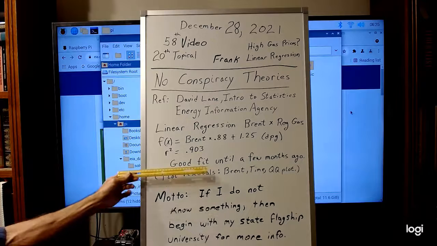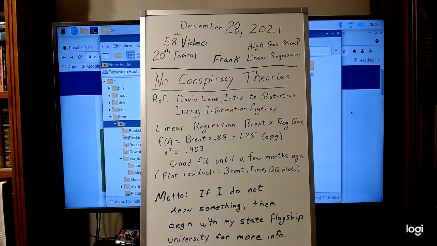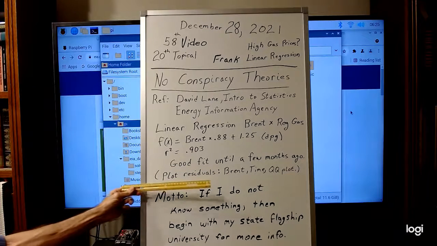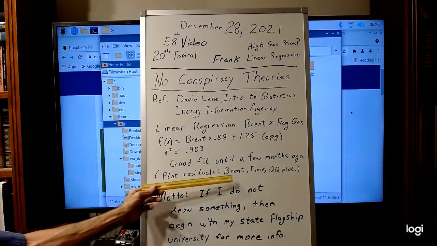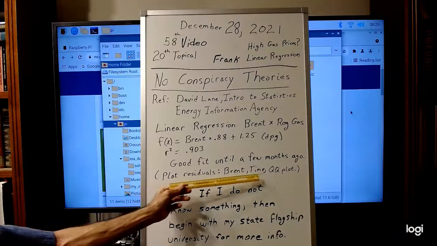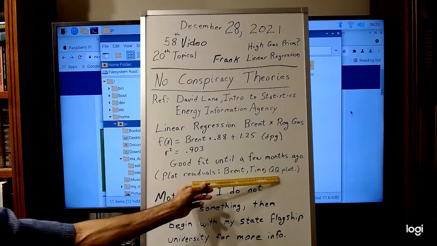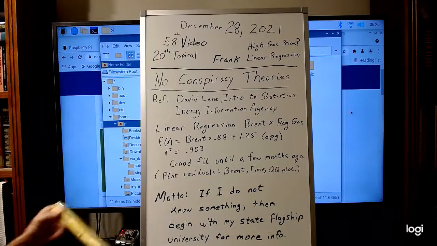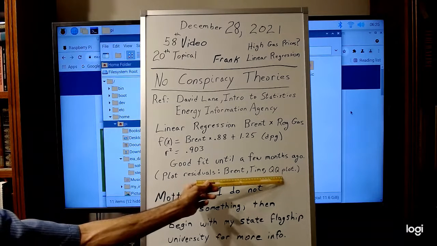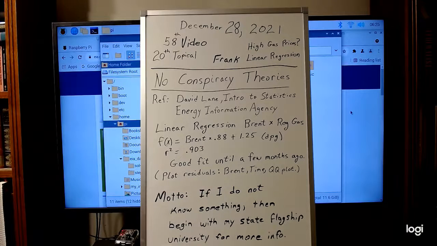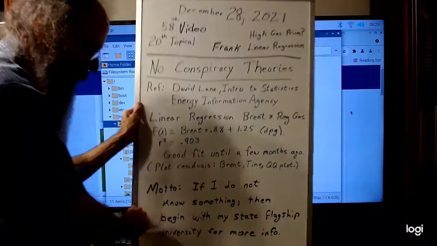So we get a good fit until a few months ago. Now I did plot the residuals with Brent, time, and on a QQ plot. The residuals on a linear regression should be linear on a QQ plot. Let me show you what I got.